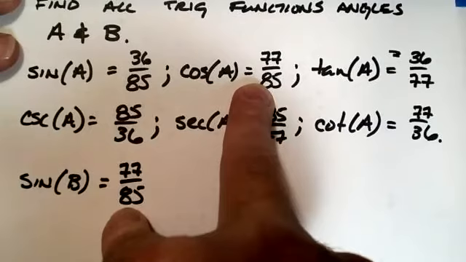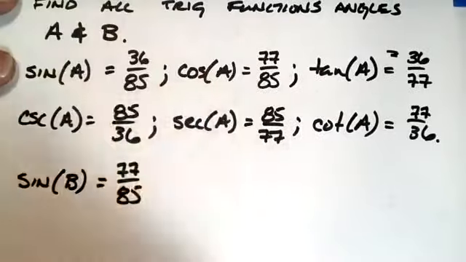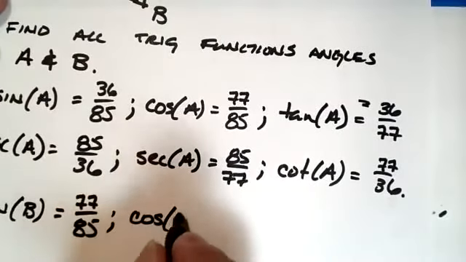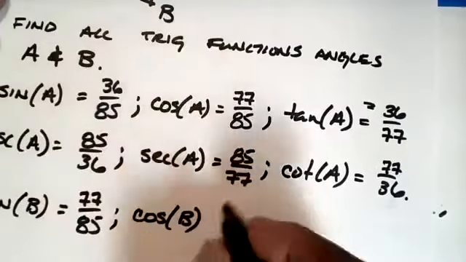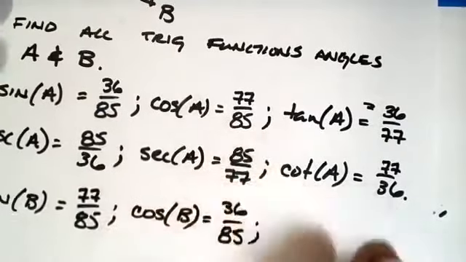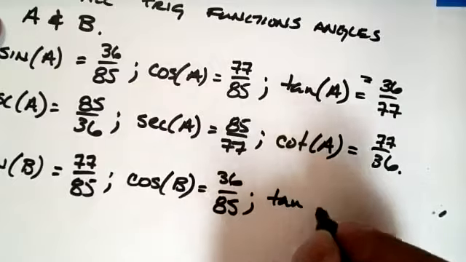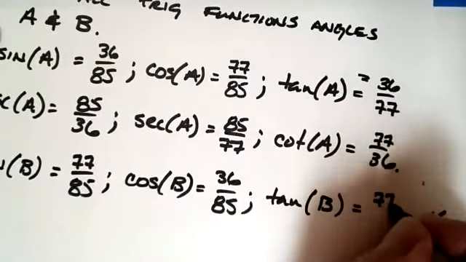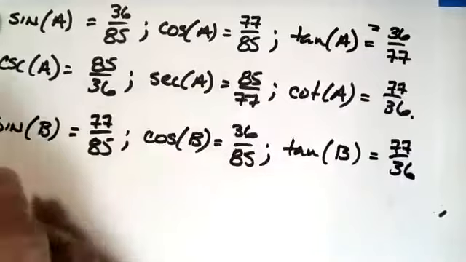Because A and B are complements of each other, and so their co-functions should have the same value. And so without too much extra, we can say that cosine of B is 36 over 85, and tangent of B is 77 over 36.